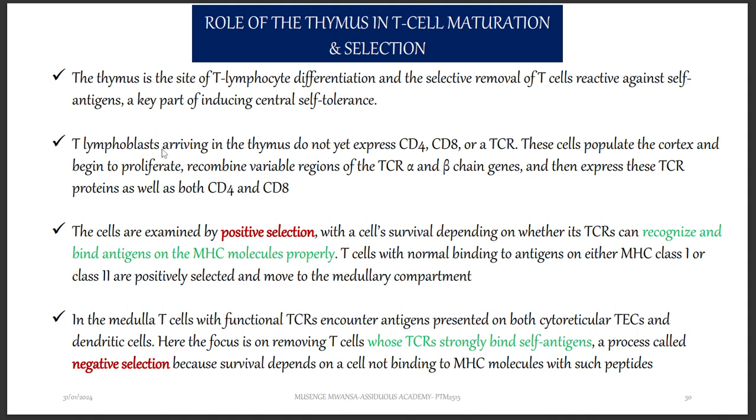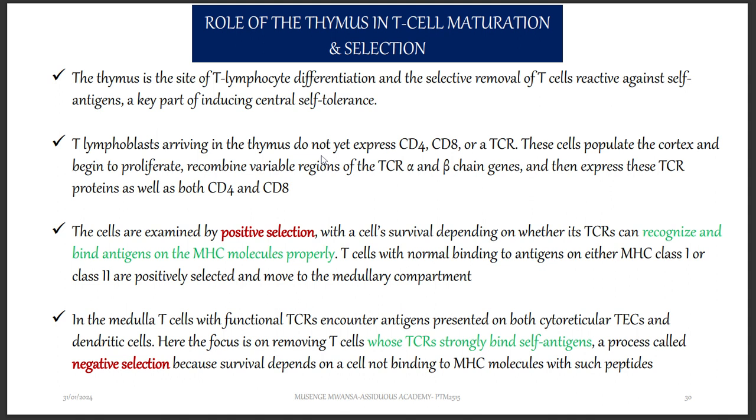Initially you have T lymphoblasts coming from the bone marrow, and they go into the thymus. These T cells do not contain CD4 or CD8. For now you can't understand that, but it is very important. I'm going to describe more about this when we get to the topic of T cell maturation.